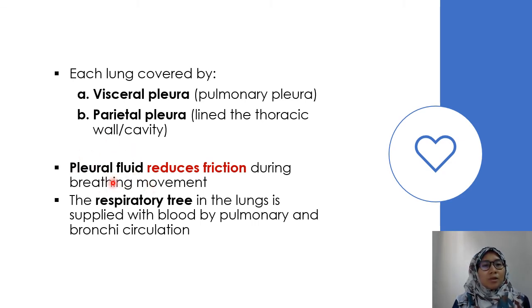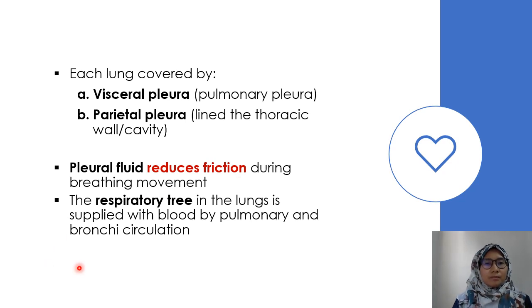Its function is to reduce the friction, geseran, during breathing movement. When we breathe in and out, there would be friction between the lungs and the parts inside the body. So this pleural fluid reduces the friction.